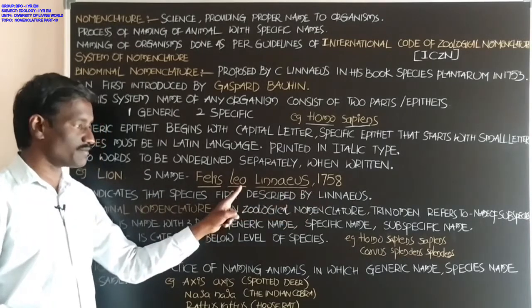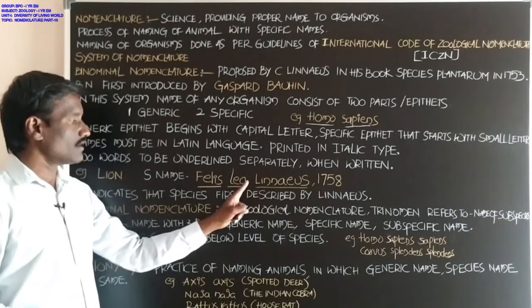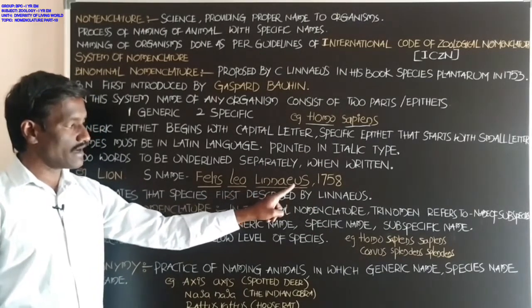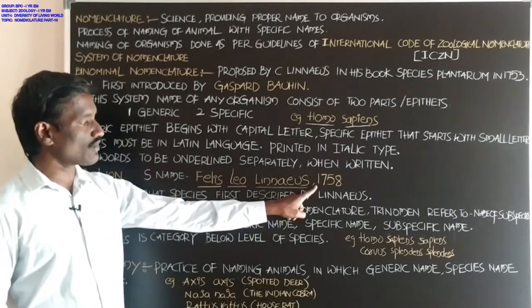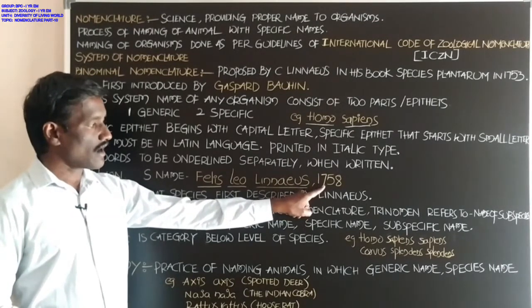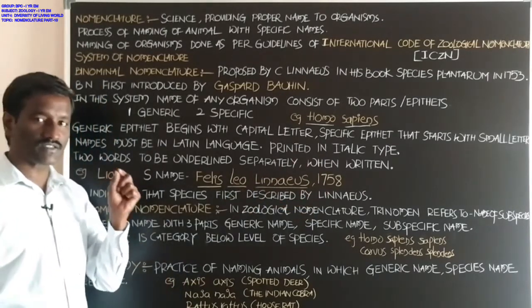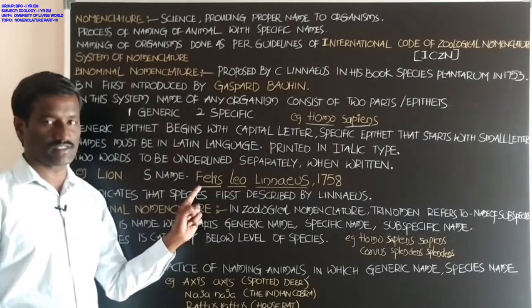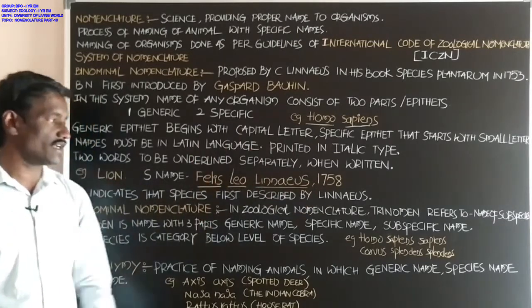After that you write the year of discovery, the year the person discovered the type of the species. Felis leo Linnaeus 1758.